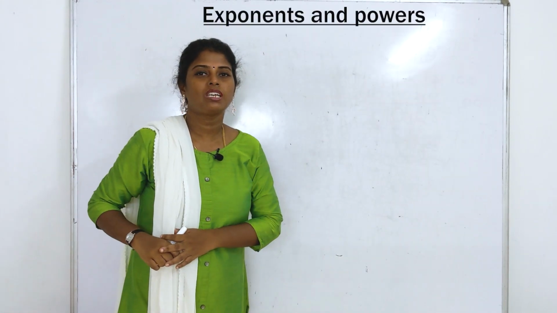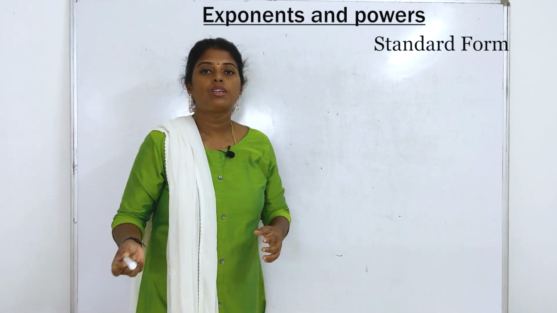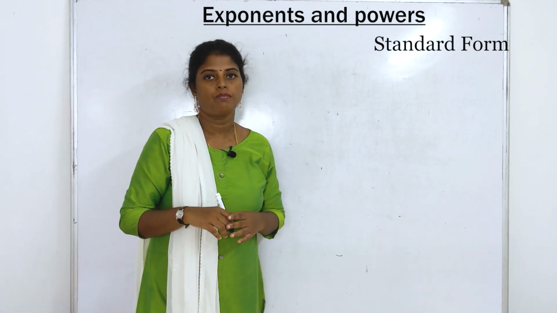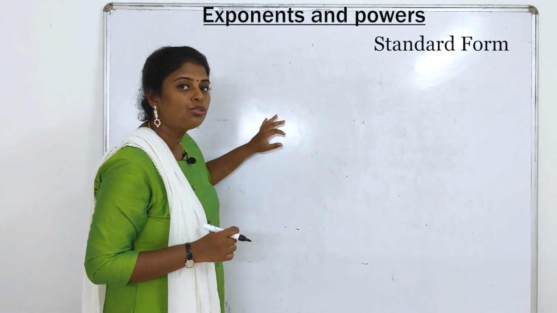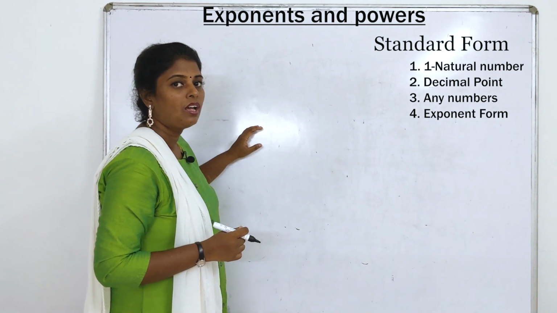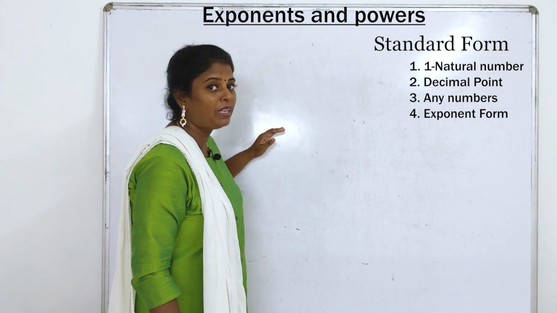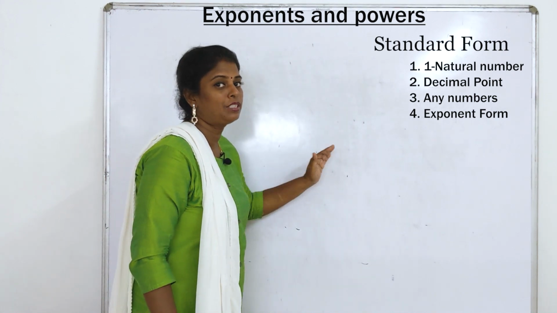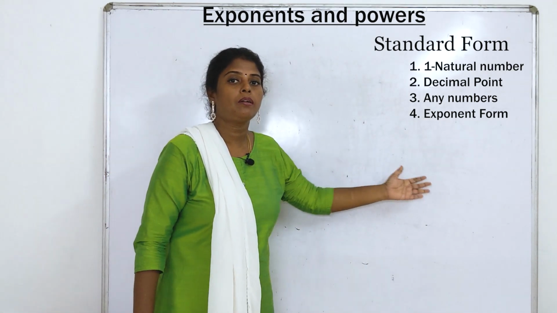Finally, we come to the last topic, standard form. How to write the given decimal number in standard form. If the given number is in standard form, then it should satisfy 4 conditions. First, one natural number should be there, followed by the decimal point. After the decimal point, a few digits will be there, and then an exponent will be there.